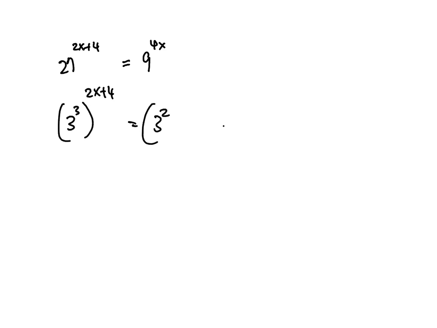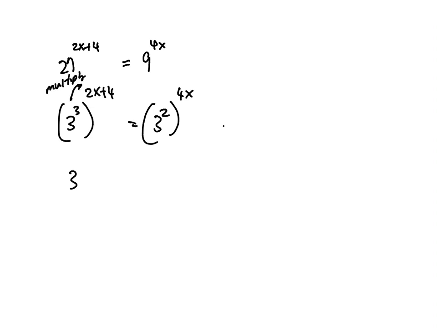Alright, part C. 27 to the 2x plus 4 equals 9 to the 4x. It looks like we have 27 and 9. I think in this case, we can all agree that 27 is 3 to the third and 9 is 3 squared. So simplify the left-hand side and right-hand side: we multiply the exponents together.